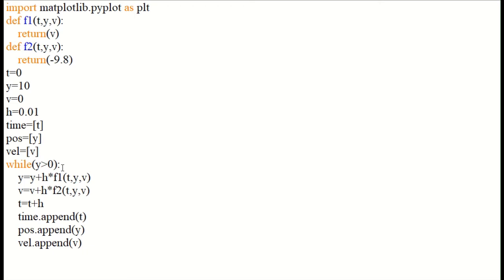So once the loop is over, you just need to plot it. So we'll plot two figures. We'll have figure 1, plt dot figure 1, and let me give the title as plt dot title, position time graph.